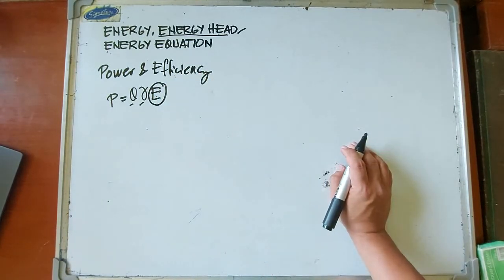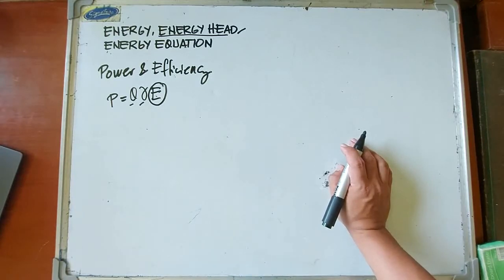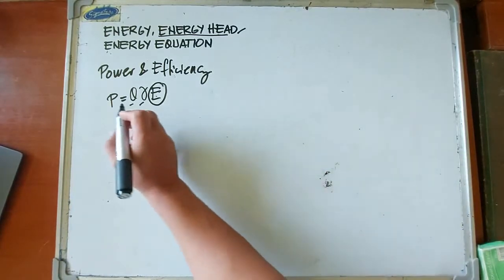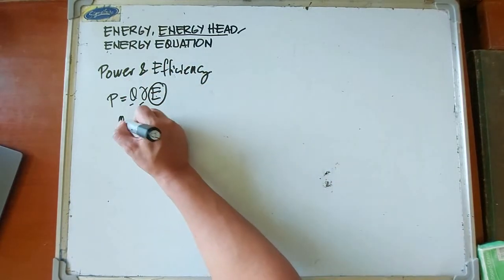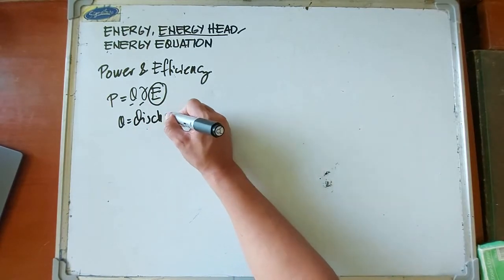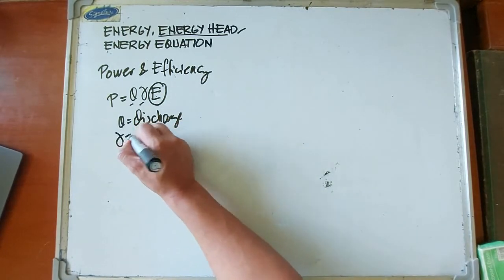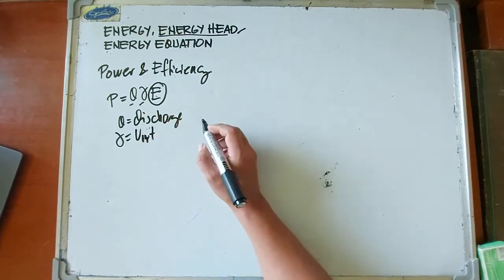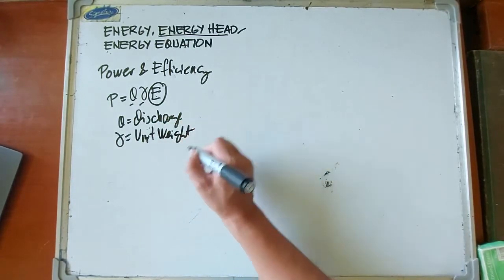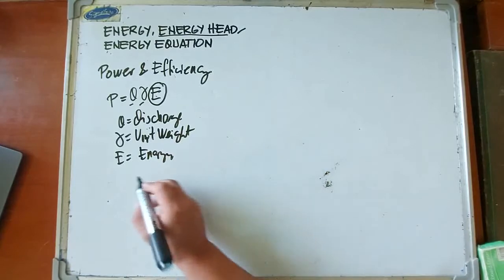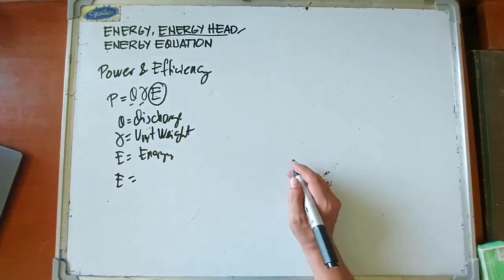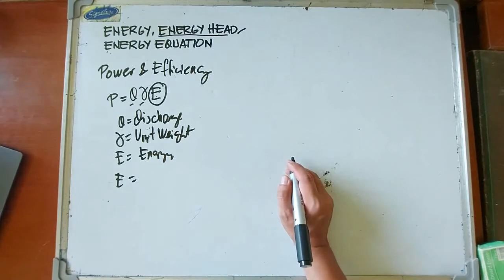If you want to measure the power exerted by a moving fluid or liquid, then power is solved using this formula. Q is the discharge, or the volume flow rate. Gamma is the unit weight of the liquid, and E is the energy, which is computed using the formula we discussed in the previous video.